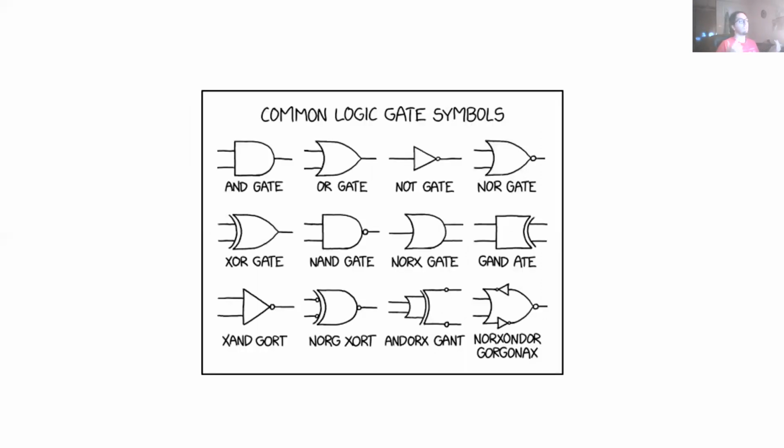So these are the gates commonly used in electronic circuits: AND gate, OR gate, NOT gate, NOR gate. They are basically made of bits, and when they are implemented inside the electronic circuit, they become a whole.